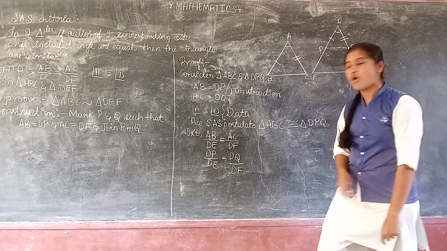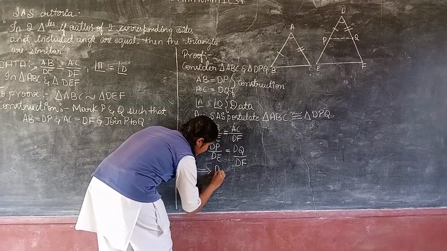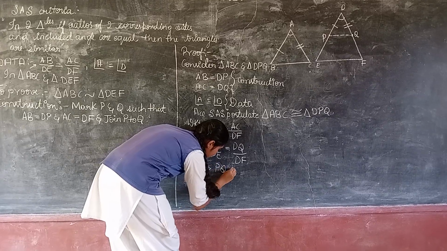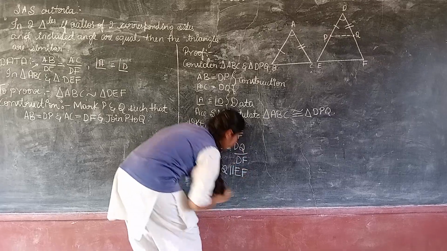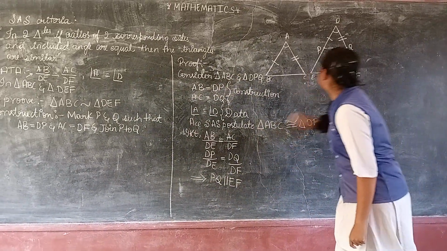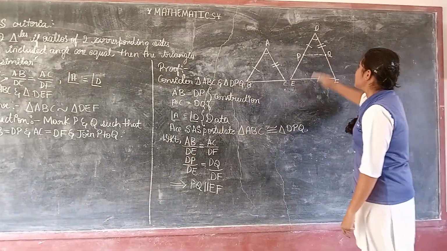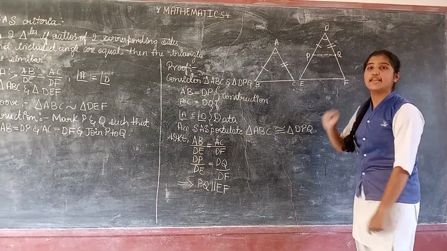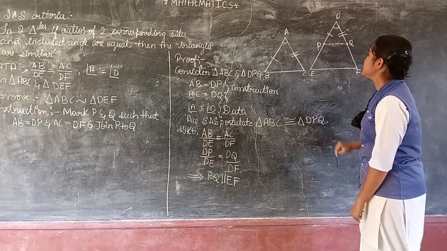So from this what we get to know is that line PQ will be parallel to EF. So this much we understood. Next, if PQ and EF are parallel lines, some angles will be equal. First, corresponding angles will be equal if lines are parallel.